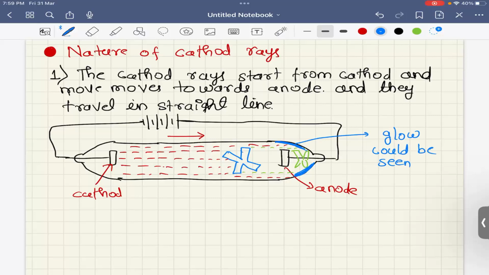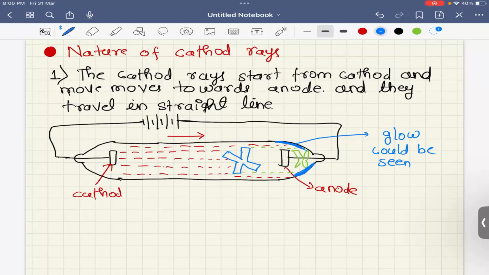Whenever the object was not in between the rays and the screen, a fluorescence was seen, whereas whenever the object blocked the path of the rays, it showed a shadow.